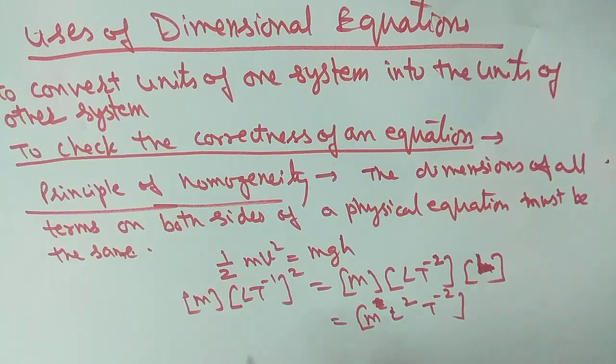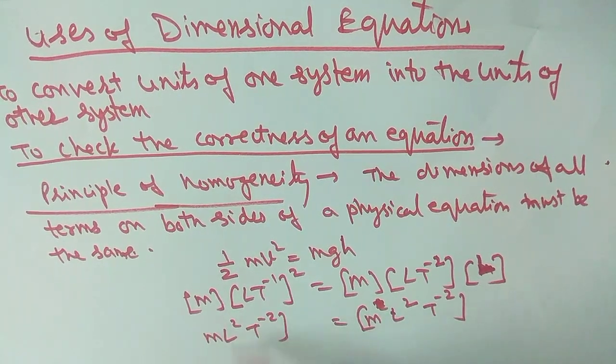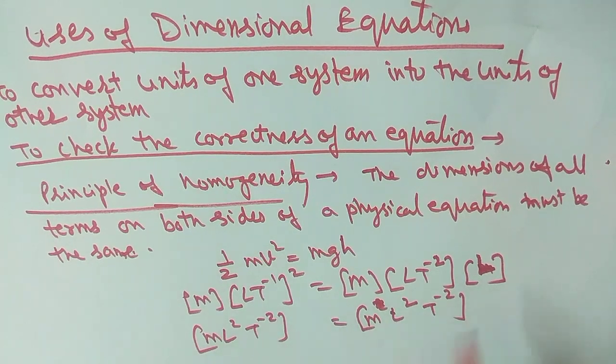Is it clear? And here also ML square T minus 2. So the dimension formula of both sides is the same. So dimensions of all terms of both sides are equal here.